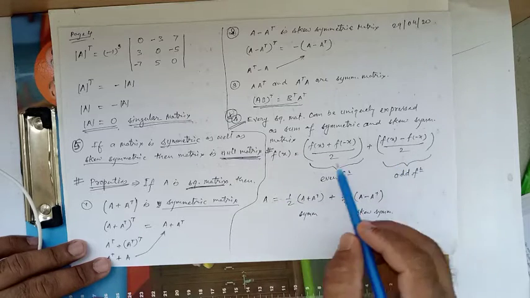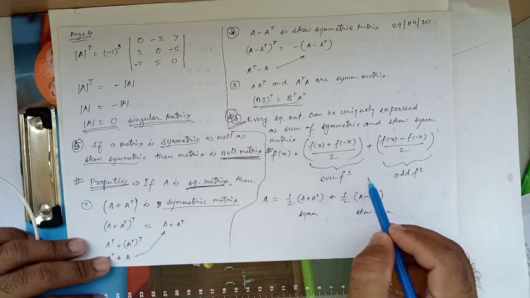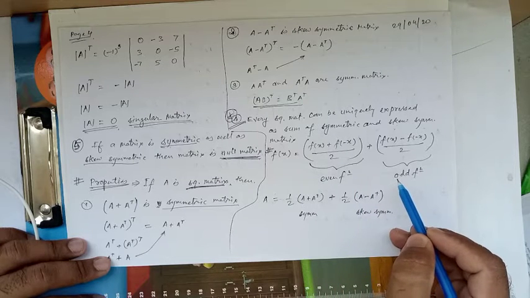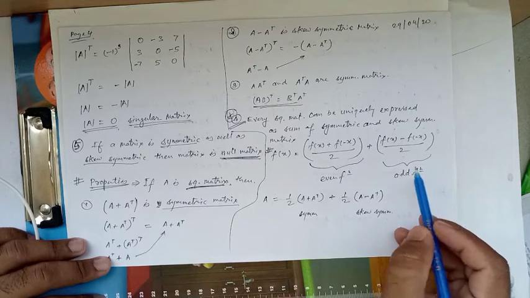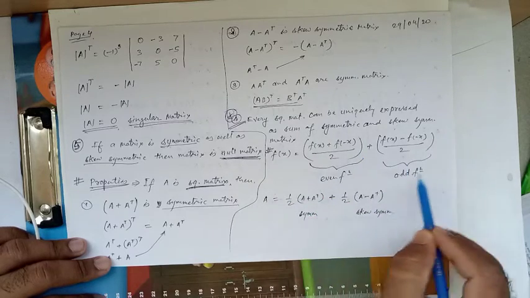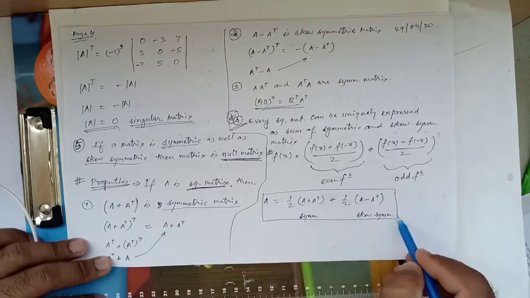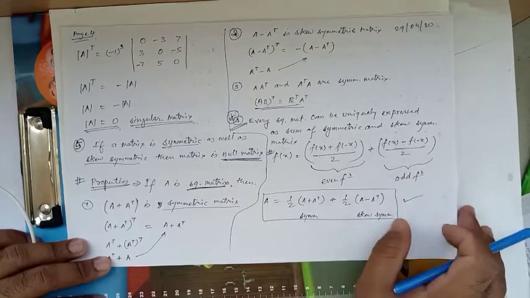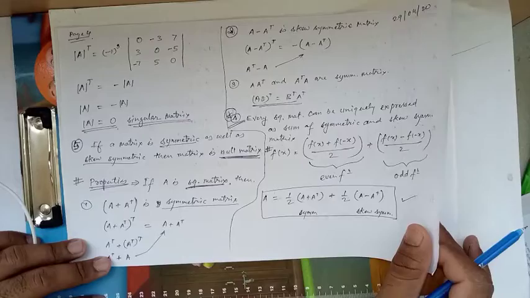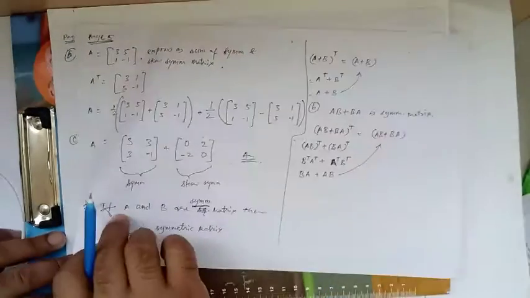And similarly, any function can also be expressed as the sum of an even function and an odd function. So we have seen that also, and this is a very important result which you need to understand and learn.